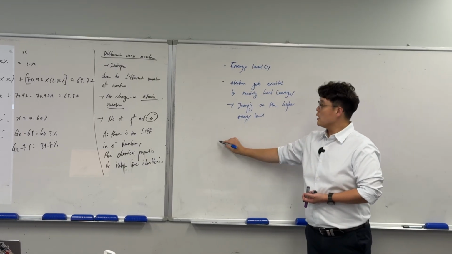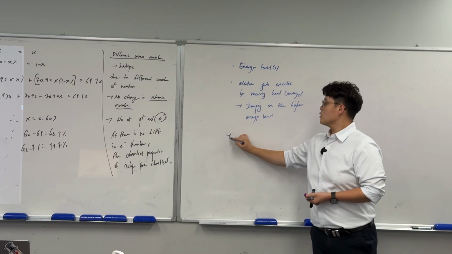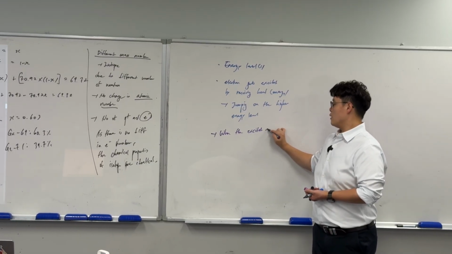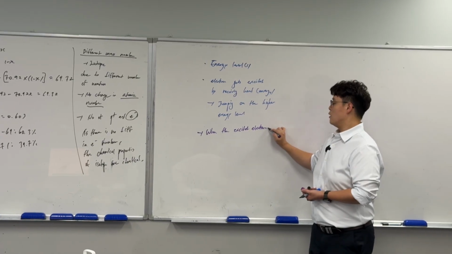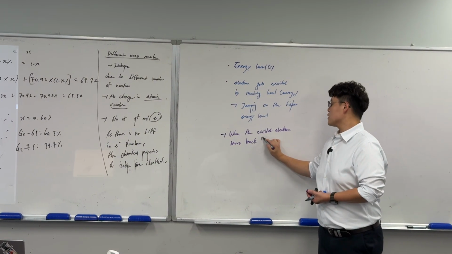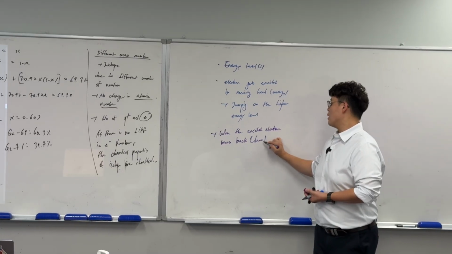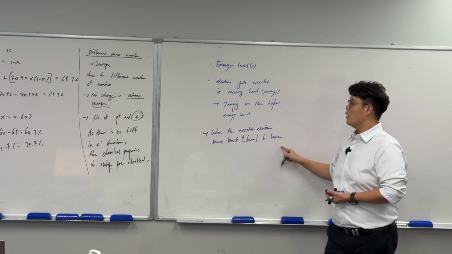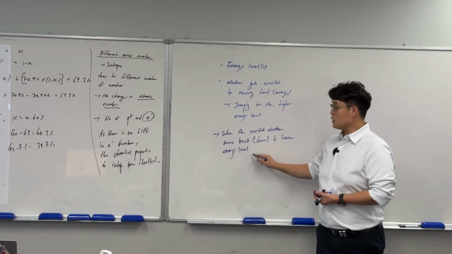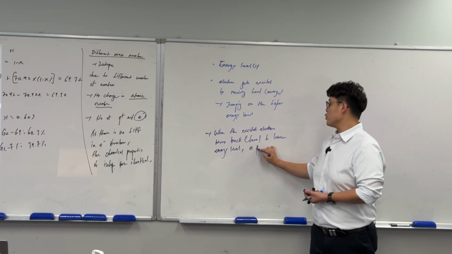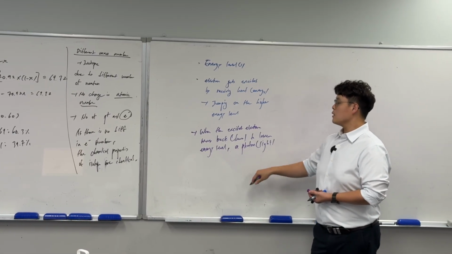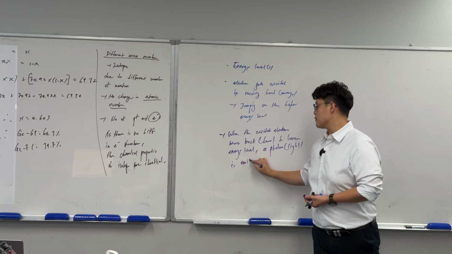Now what happens is when the excited electron moves back down to the lower energy level, a photon or light is emitted.